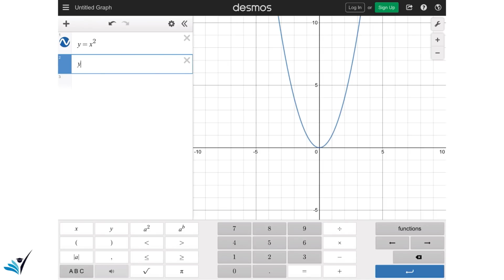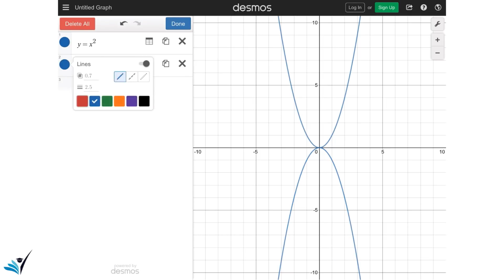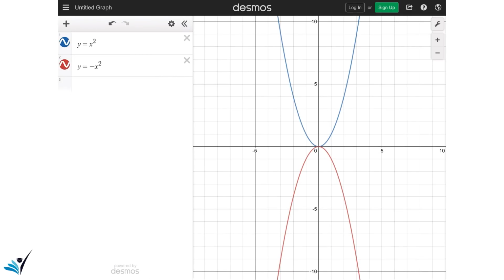So we have y is equal to negative x squared. Let me change the color to red. So as you can see, the second parabola is the mirror of the first one. And because a is negative, the parabola is downward. We can say that if a is positive, the parabola is upward, and if a is negative, the parabola is downward.